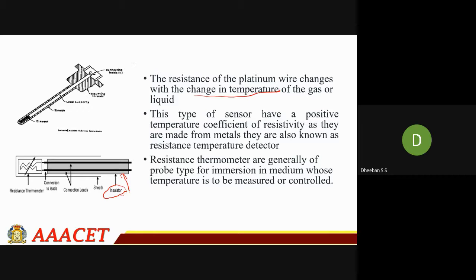This type of sensor has a positive temperature coefficient of resistivity; all metals have a positive temperature coefficient. Due to the variation in temperature, the resistance value differs, so you can easily find out the change in temperature.